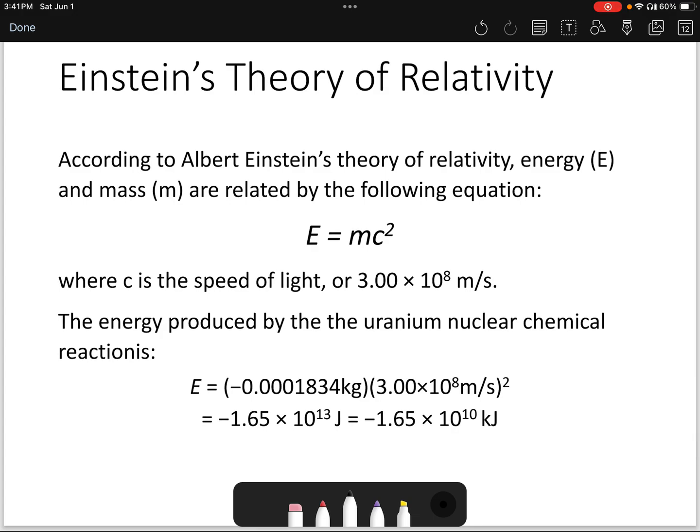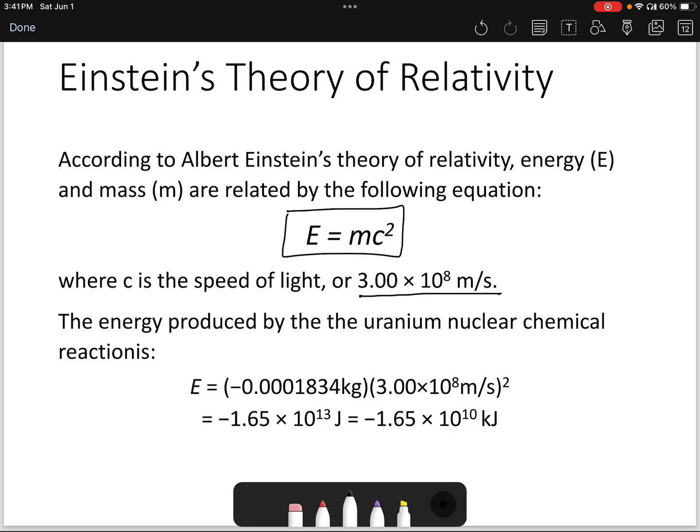And this is where Einstein's theory of relativity comes in. So you might have heard the famous equation E equals mc squared. Einstein found that energy and mass are very closely related. So energy is equal to mass times the speed of light squared. And the speed of light is listed here, but it's not really important. We're not going to do any calculations here.